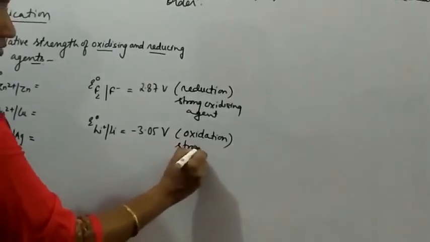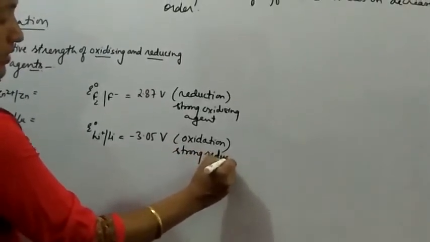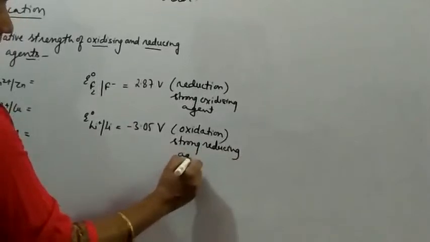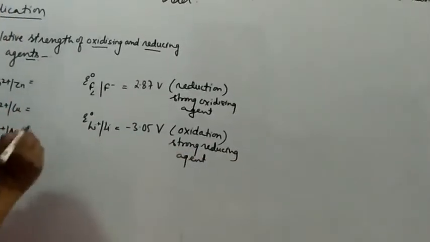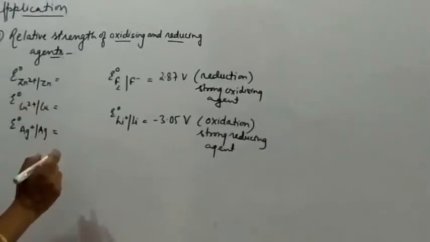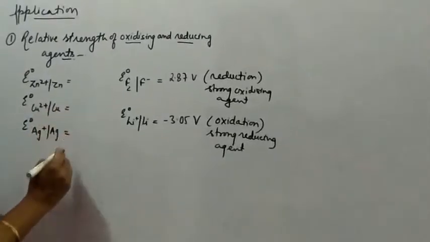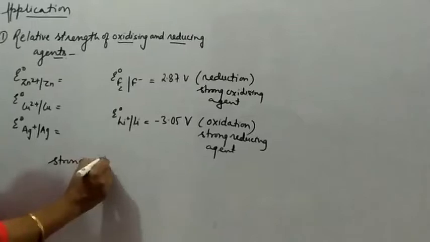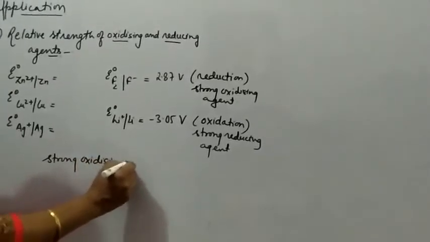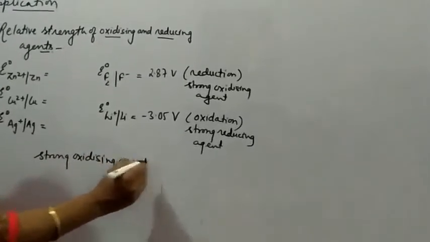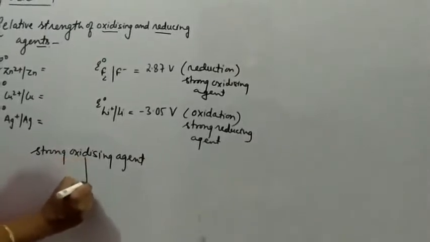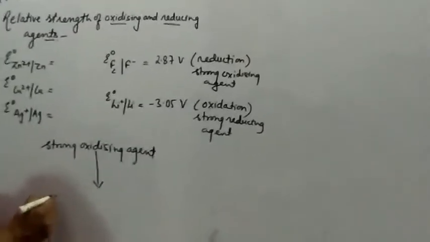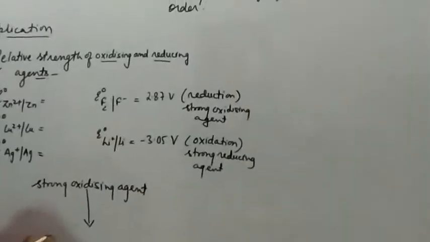And it is a strong reducing agent. So it means that in the electrochemical series, the strong oxidizing agent will be placed at the top, right? And gradually on coming down, we will get the strong reducing agent.